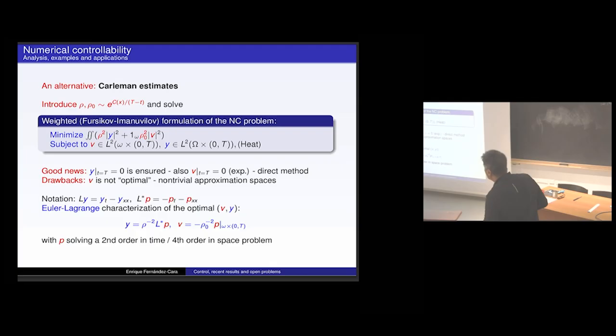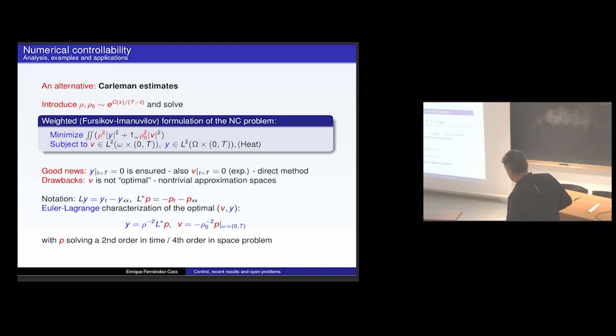This problem has certainly one and only one solution, and the solution can be characterized with the Euler-Lagrange theorem. The characterization says that y, the solution to this problem, and v can be found in terms of an additional variable that is more or less the same as phi before.